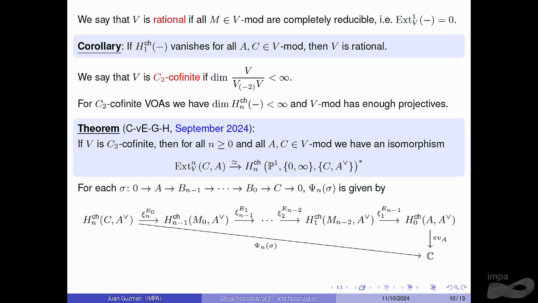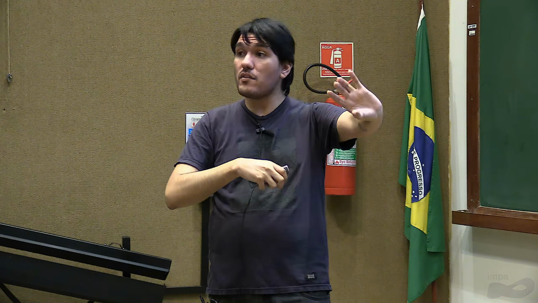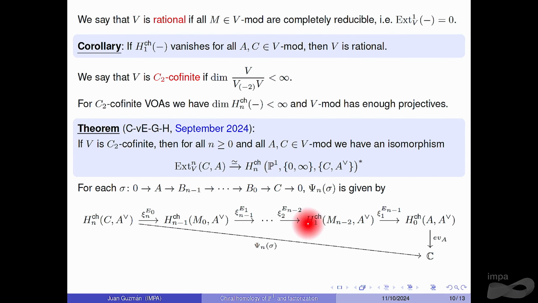And then each one of those exact sequences will give you a long exact sequence in chiral homology, which will come with certain connecting homomorphisms. And those connecting homomorphisms will allow us to lower the degree here. Say we started with some nth chiral homology, then we go to n-1, and so on, until the 0th chiral homology. And in the last step, we evaluate.